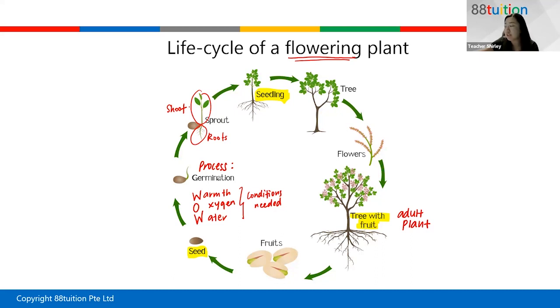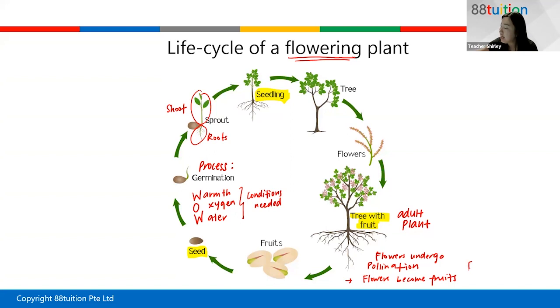When it grows flowers, it is an adult plant. And if the flowers undergo pollination, then the flowers will become fruits.